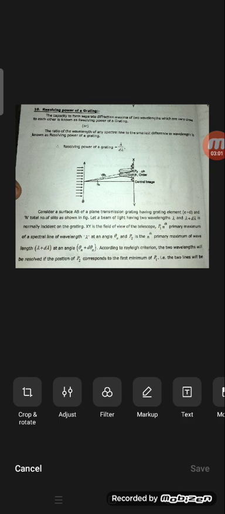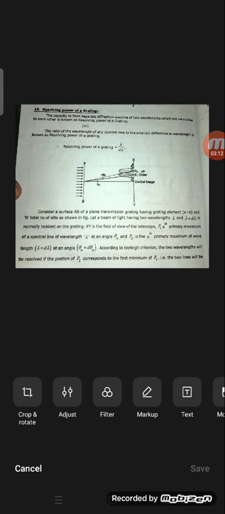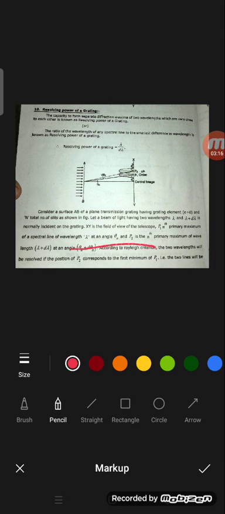So according to Rayleigh's criterion, the two wavelengths will be resolved if the position of P2 corresponds to, or coincides with, the first minimum of P1.